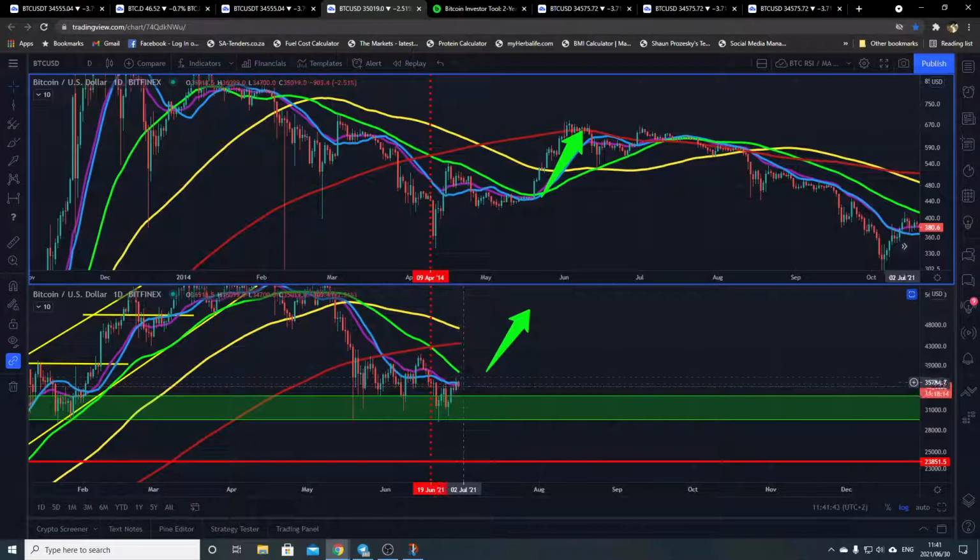We could get a break up to this line, just above it, and we came back down. Why? Because the lower MAs are below the 200 MA, so price will find it very difficult to get above until we get a flip like I explained previously.